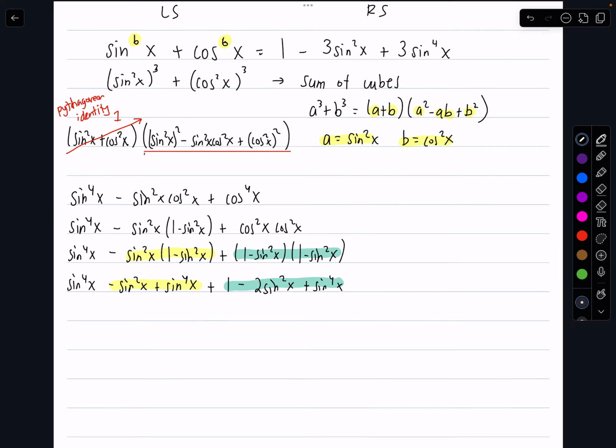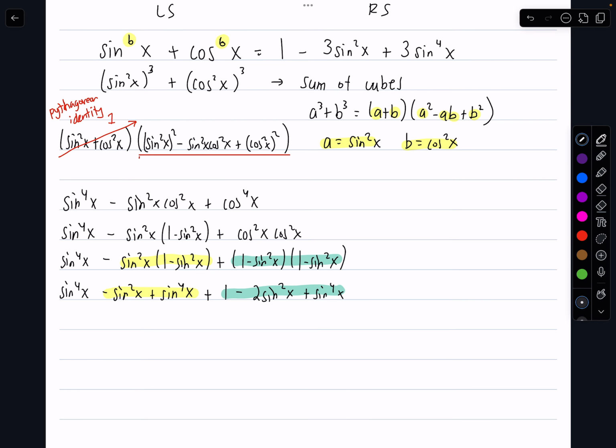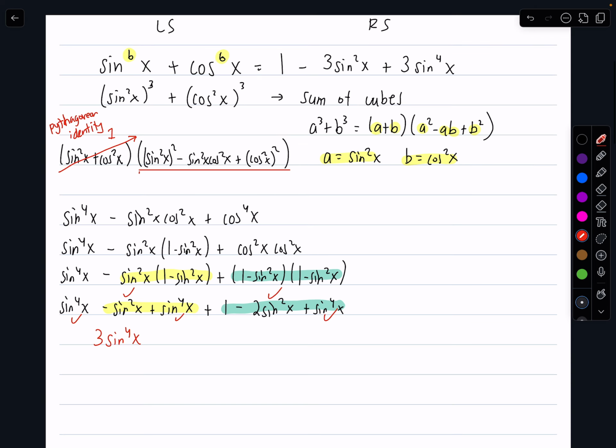So sine^4 x plus sine^4 x, we have 3 of them. Here I'll show you, we got sine^4 x, sine^4 x, sine^4 x, which is going to give us our 3 sine^4 x. And then we got negative sine squared x minus 2 sine squared x, which is going to give us minus 3 sine squared x.